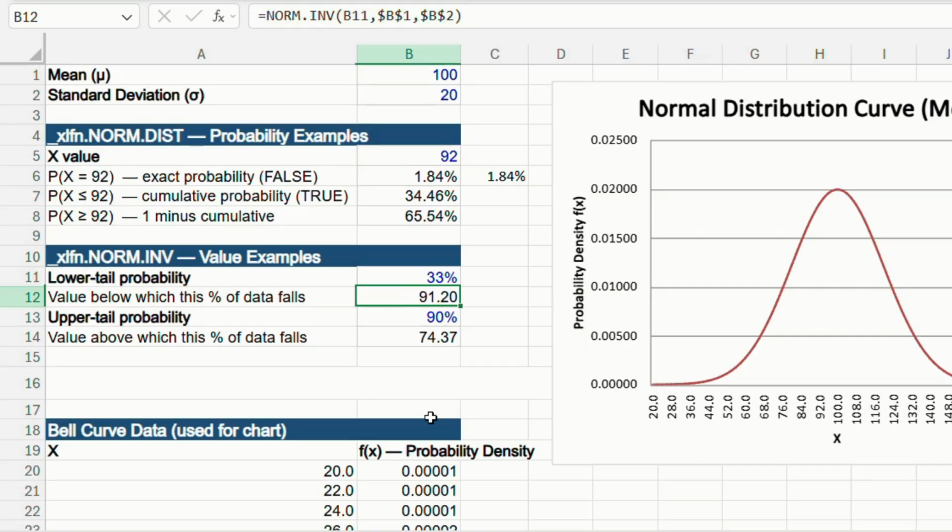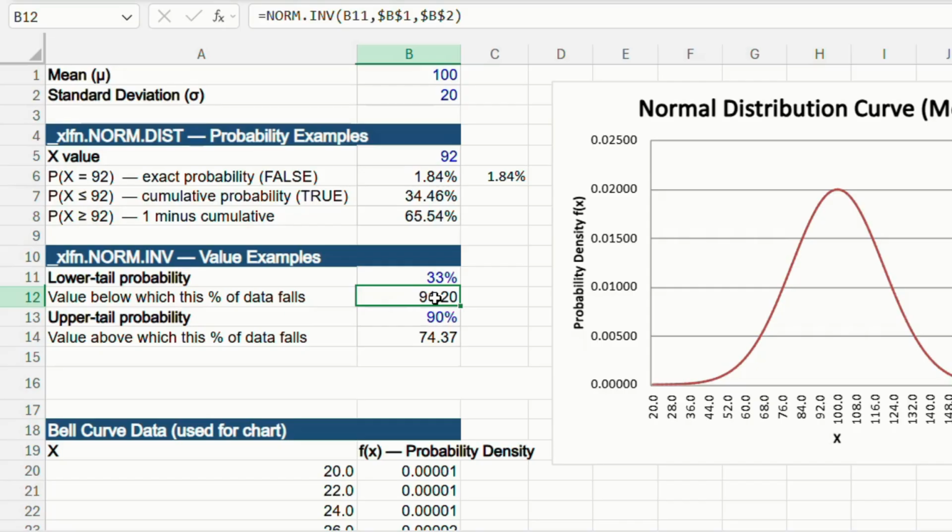So what score do the bottom 33% of the students fall below? 33% of the students fall below what number? It is equal to normal inverse, B11, 33% of the students fall below this number, and then our mean and standard deviation, and we get 91.2.